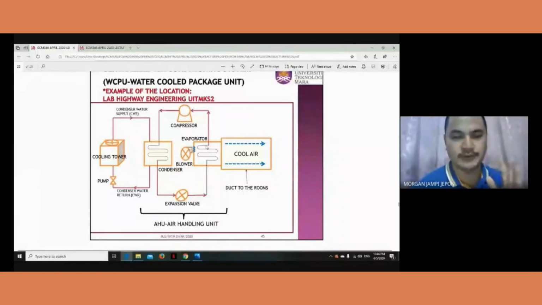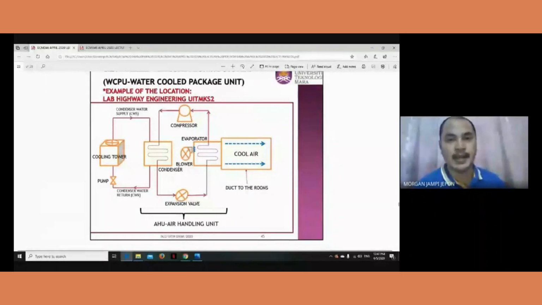So when we force air through this evaporator, it becomes cool air, and that cool air is transferred by duct into the room. All right, so the main difference between WCPU and chiller is that in the chiller, we have the cooling coil inside the AHU, but in the WCPU, we have all these 4 basic components inside the AHU.